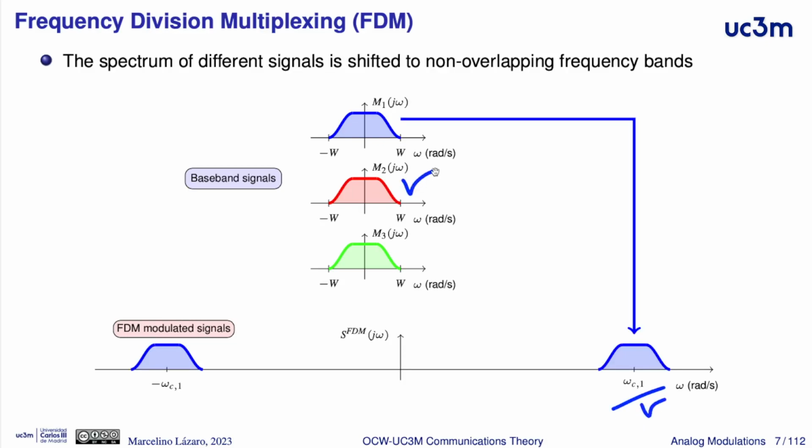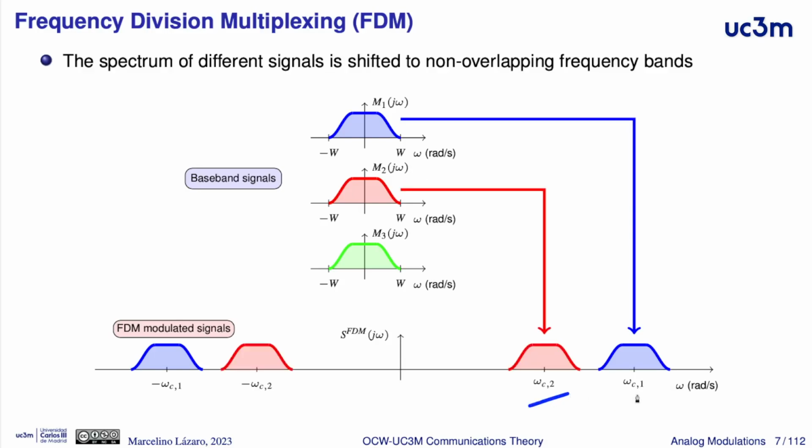Then the spectrum of the second signal will be shifted to another frequency band that is non-overlapping with the first one, and then we can move the other signal to another frequency band that is not overlapping with the previous frequency bands that were used by the previous signals that were modulated.